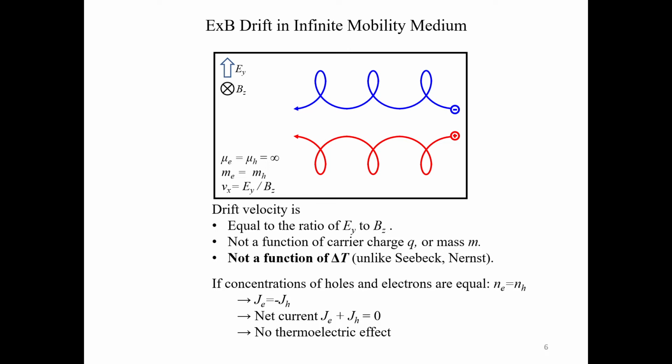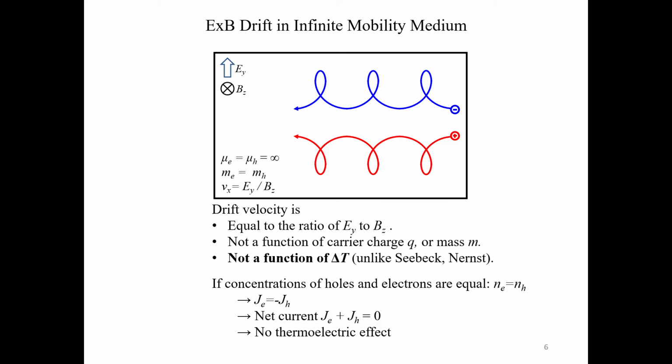Electrons and holes drift in the same direction with the same speed, and when their concentrations are equal, their contributions to the current cancel out. The net output current is zero and there is no thermoelectric effect. However, as we shall see, this is not generally the case.